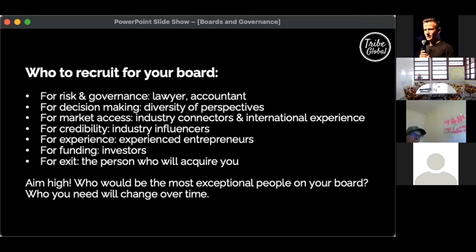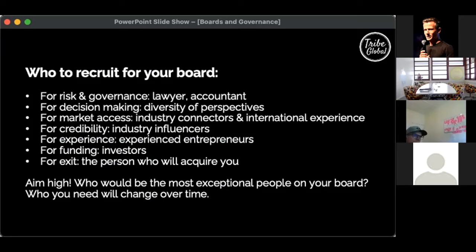And the next one here is for exit, which this is something I don't see happen a lot in Australia, but I see it a lot in Silicon Valley. And in Silicon Valley, it's quite common for startup founders to be able to say, I want to be acquired by, I'm going to make up a company, I want to be acquired by PayPal. And so they will have the head of M&A, mergers and acquisitions at PayPal, actually on their board right from the beginning.